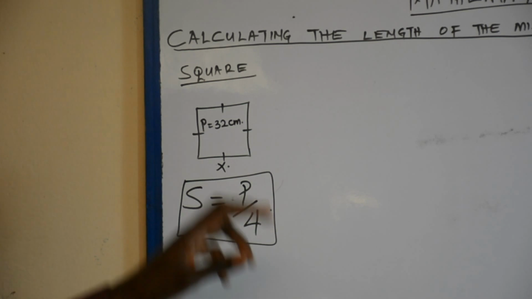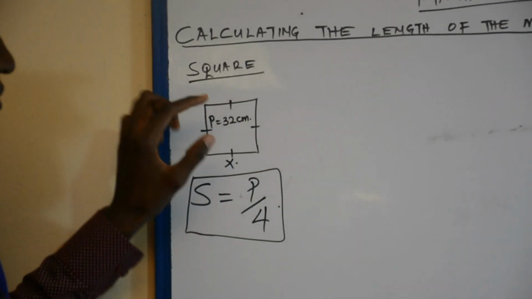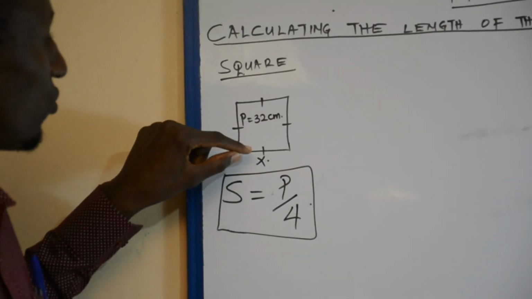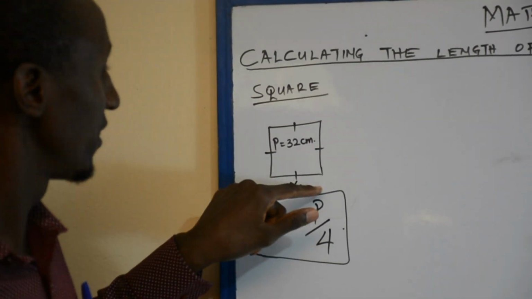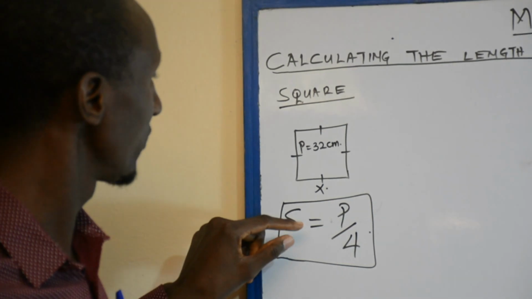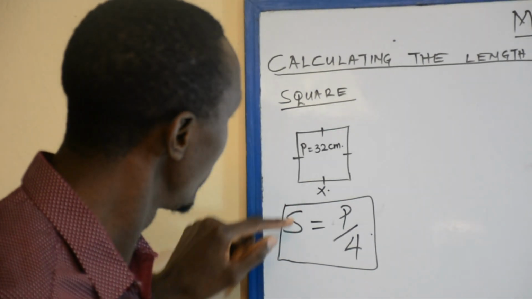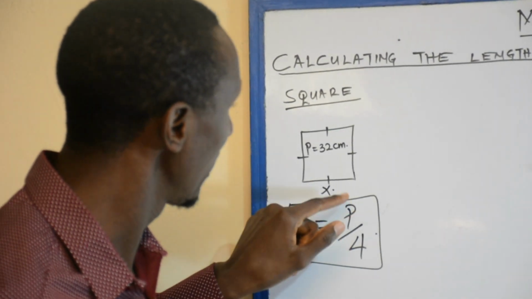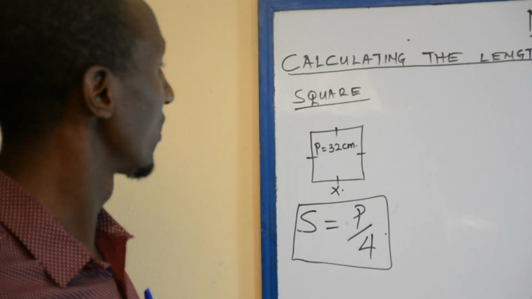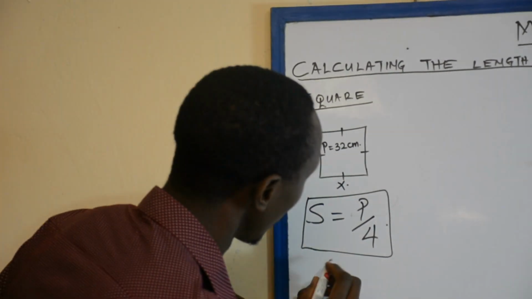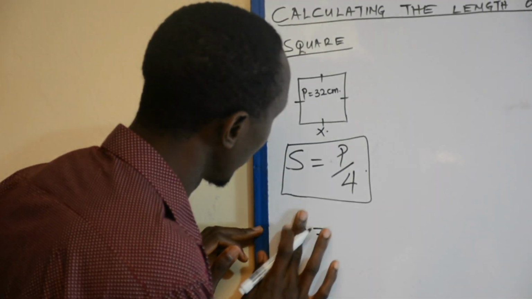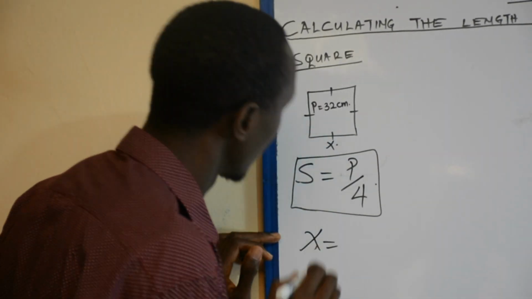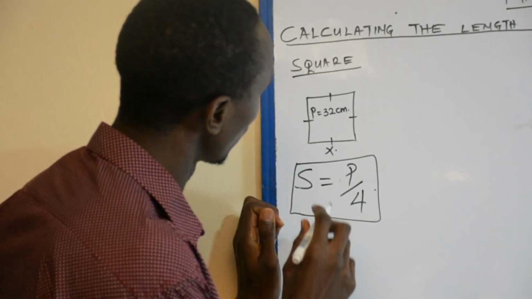They have given you a square, they have given you the perimeter, but they have not given you the sides. So, to find one of these sides, use this formula, whereby you say that the side is equal to perimeter divided by 4. So the side is equal to x. One of the sides is x, is equal to perimeter.